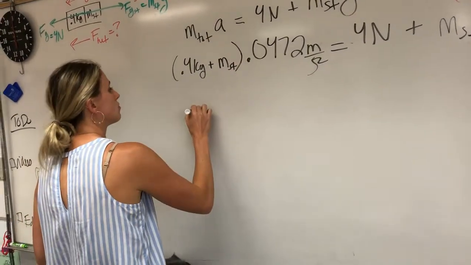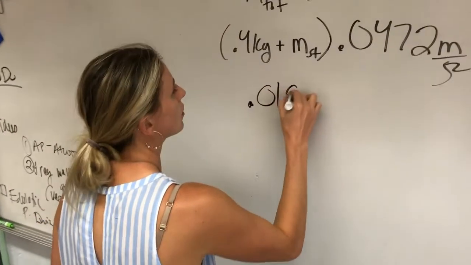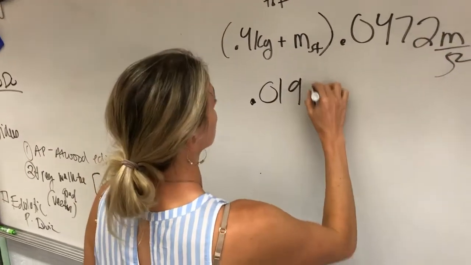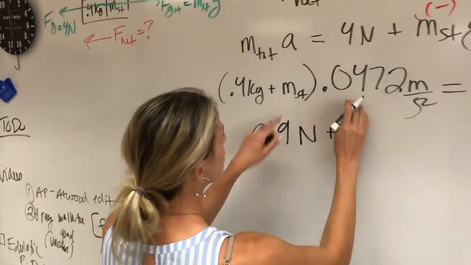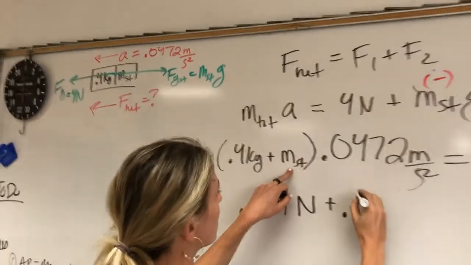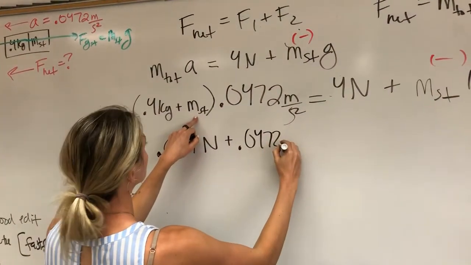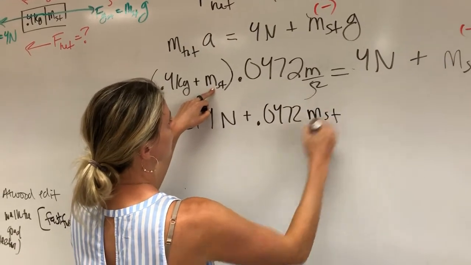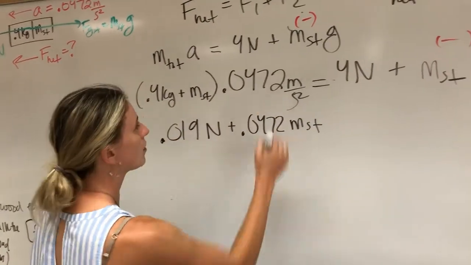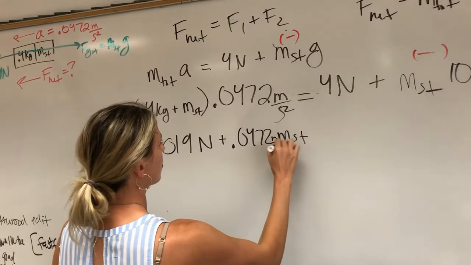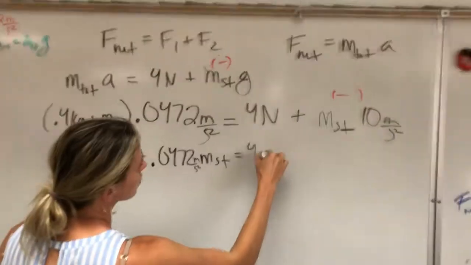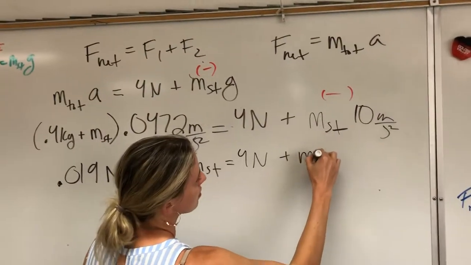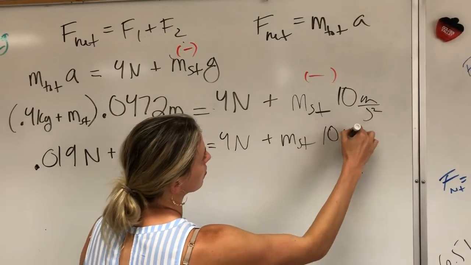So this times this is 0.019 kilogram meters per second squared. That's a Newton. Plus 0.0472 times the mass of the stapler, in meters per second squared, equals 4 newtons plus the mass of the stapler times 10 meters per second squared.